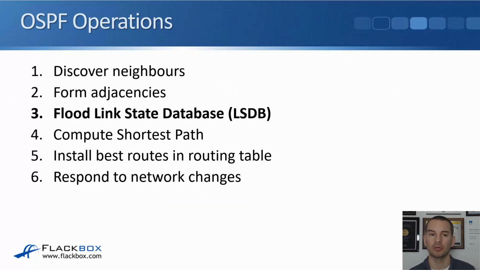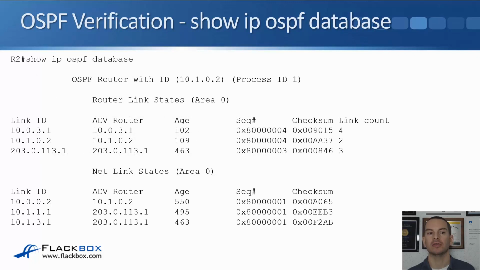The next thing that happens with OSPF operations is the routers will flood the link state database. To see if routes have been learned from OSPF, you can use the show IP OSPF database command. That will show all the links that are available in that area and throughout the OSPF network.